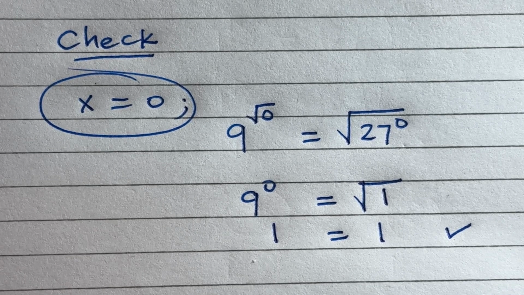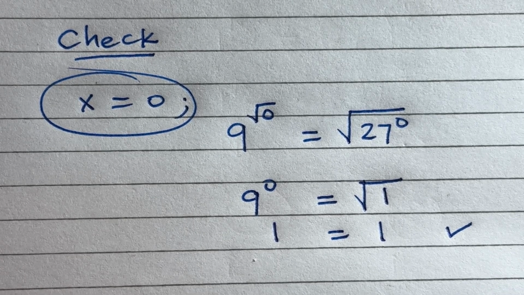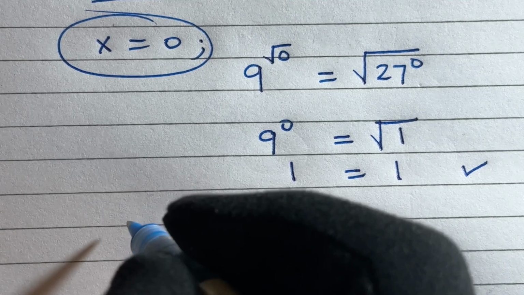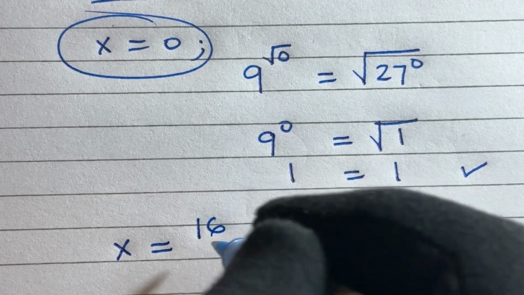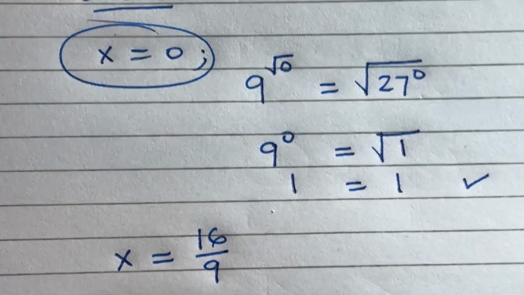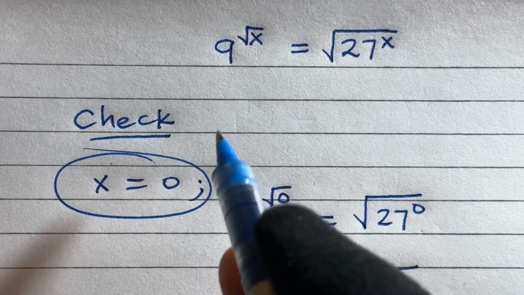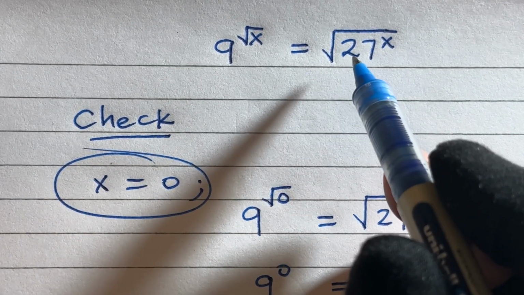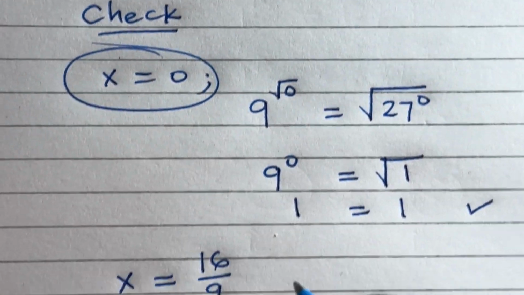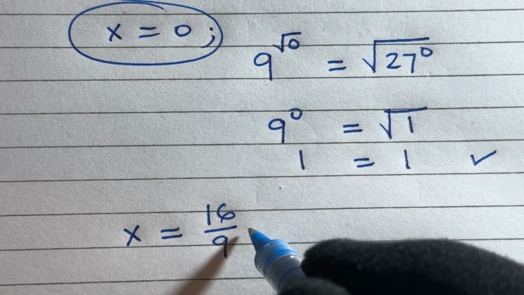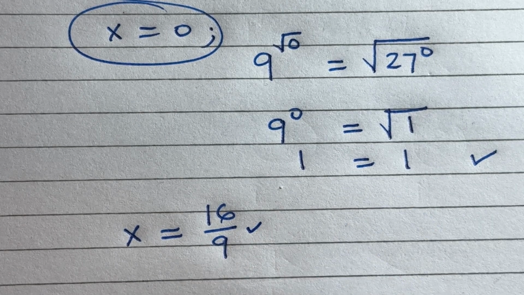We'll also go ahead and check for the second solution, which is x equal to 16 over 9. Remember our equation is 9 raised to power square root of x is equal to square root of 27 raised to power x. So let's put this new value into that equation.